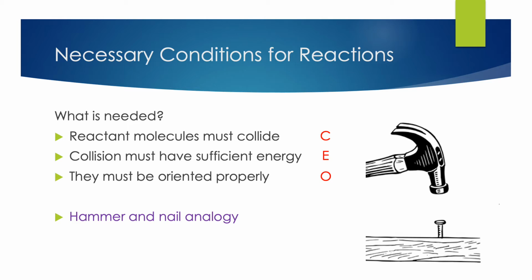So you need to have them oriented properly too. If you don't hit the nail hard enough, you won't drive the nail into the board either. So you have to have enough energy. So you have to have all three things. You have to have a collision, you have to have enough force in your hammer blow, and you have to have the hammer oriented correctly in order for it to drive a nail into a board.